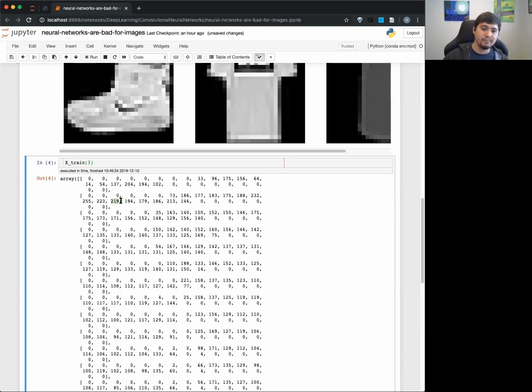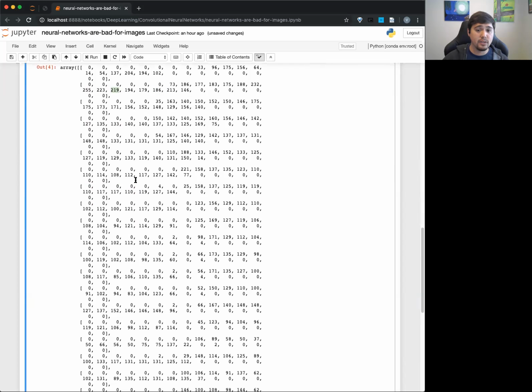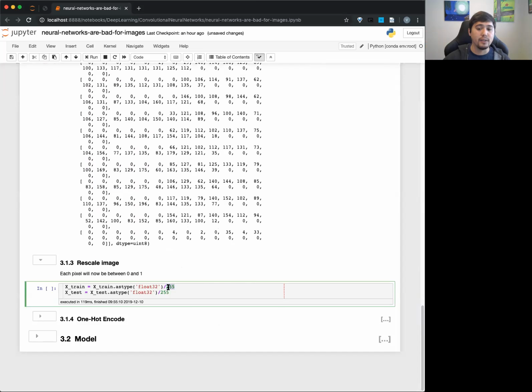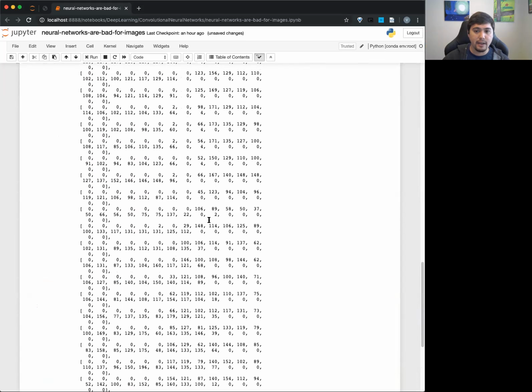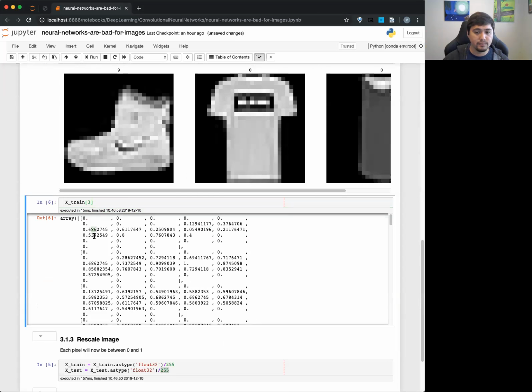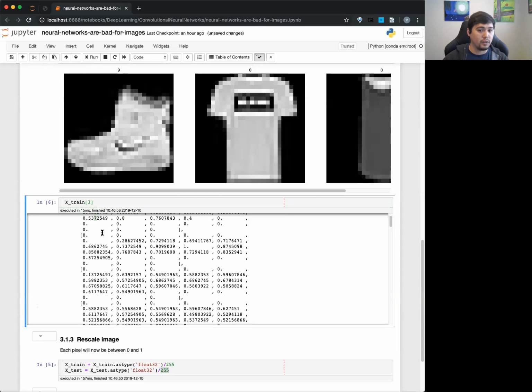The problem is our neural network's just not going to do a great job with this. So we scale it down by dividing by 255, since that's the max value, and this will make it go from 0 to 1. If I run this again, which remember was 14, 54, 255, 223, you'll see they're all decimals now. Okay, so now it's all set for our neural network to feed through.